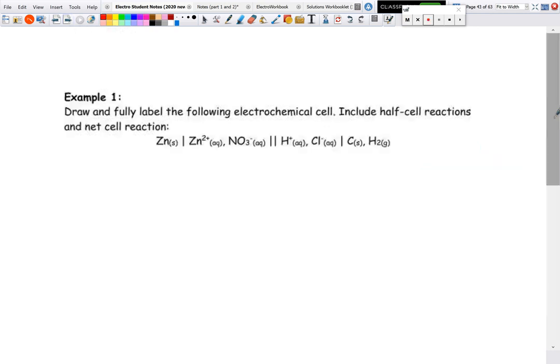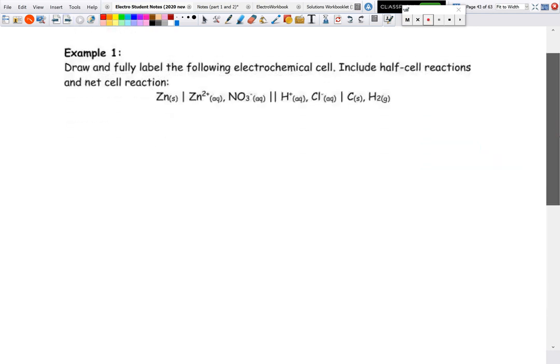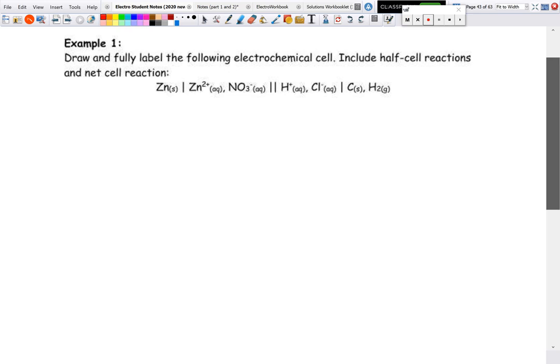Let's look at our first example, where it says draw and fully label the following electrochemical cell, including half cells, reactions, and the net reaction. So there's a lot of stuff going on right here. The reason I have this example is we will notice carbon is showing up here. So we know carbon is our inert electrode.